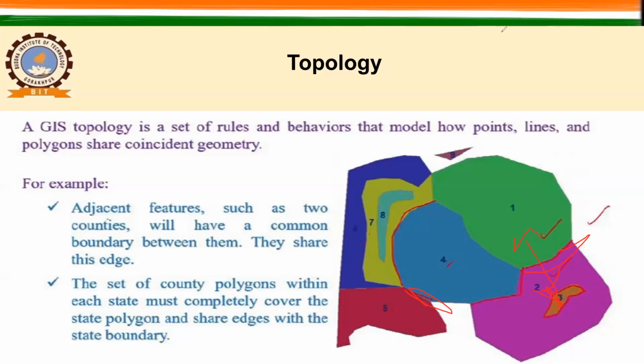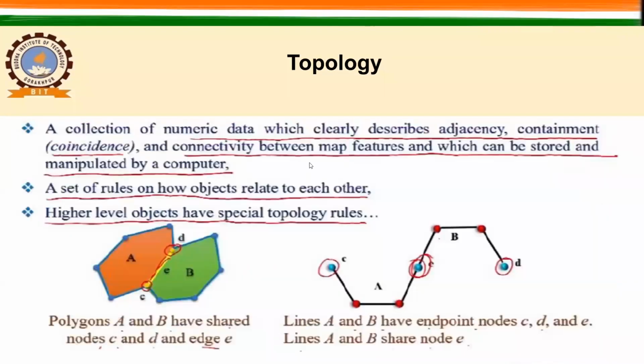ठीक है, तो topology का अगर definition थोड़ा सा और देखना हो तो इस slide में देखिए. It is a collection of numeric data which clearly describes the adjacency, containment, which is basically coincidence, and connectivity between the map features, and which can be stored and manipulated by a computer. This also says a set of rules on how objects relate to each other.